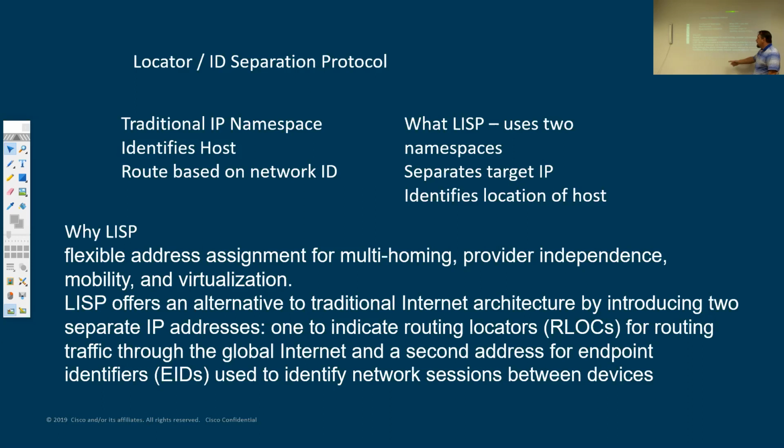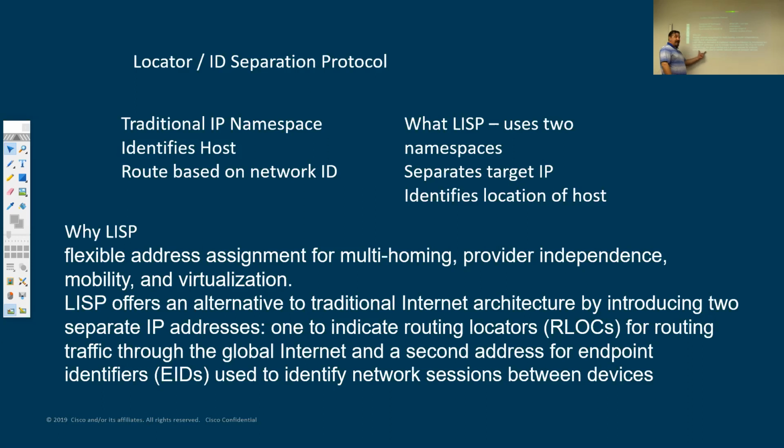Okay? So we're going to see that LISP offers an alternative to the traditional network architecture by introducing two separate addressing spaces, two completely separate IP addresses. We have one that indicates where we are located, what they call the router locator: which router are we connected to? This is used to route all that traffic through the underlay network in our SD-Access environment.